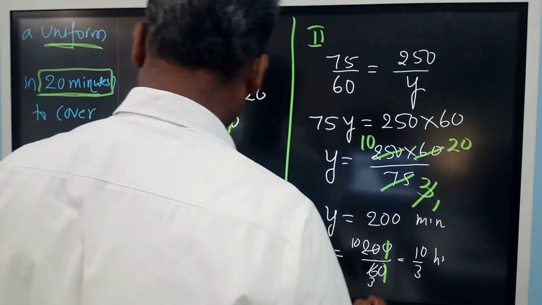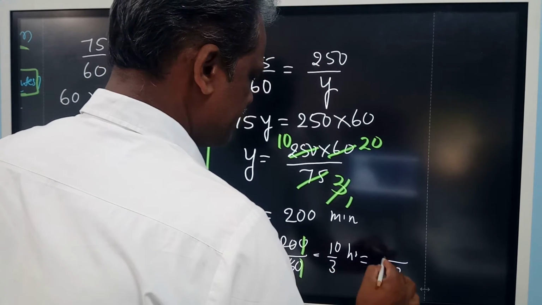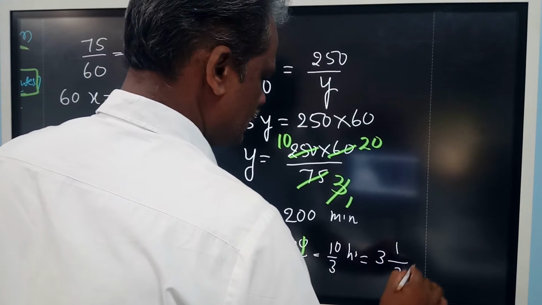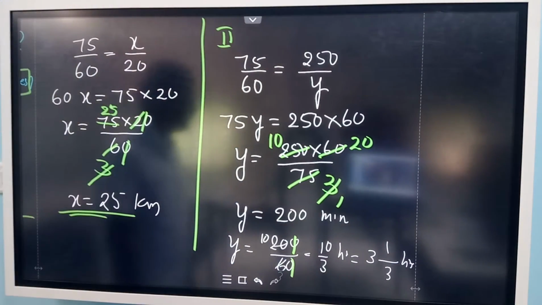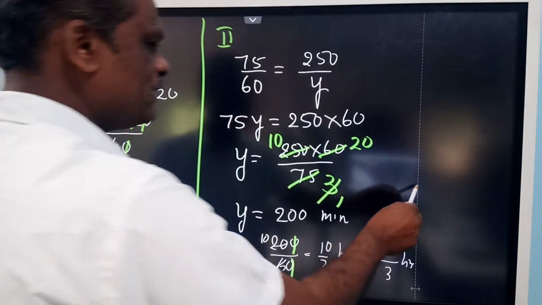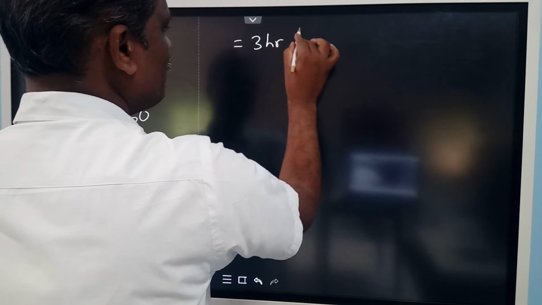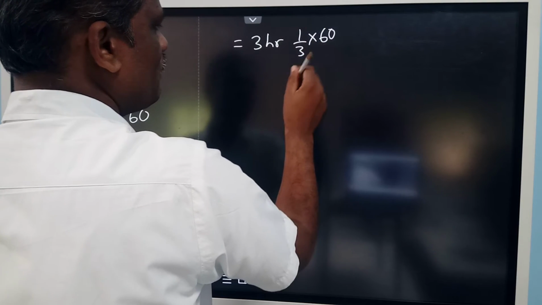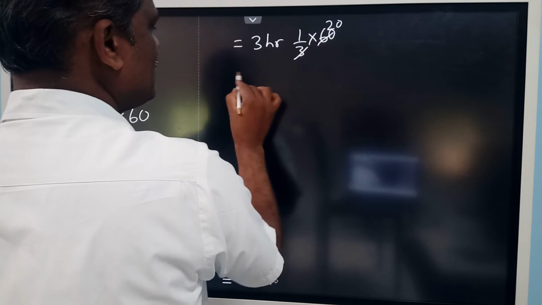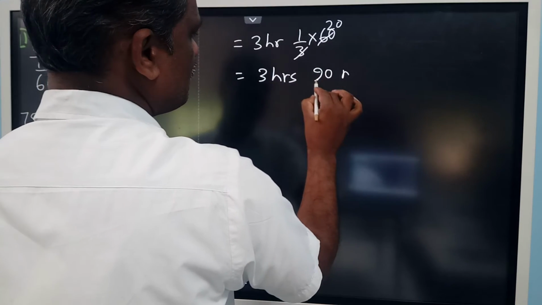Written as a mixed fraction, it is 3 1 by 3 hours. What is 3 1 by 3 hours? It is 3 hours and 1 by 3 of an hour; converting into minutes, 1 by 3 of 60 is 20 minutes.